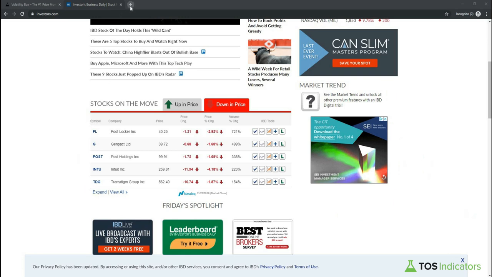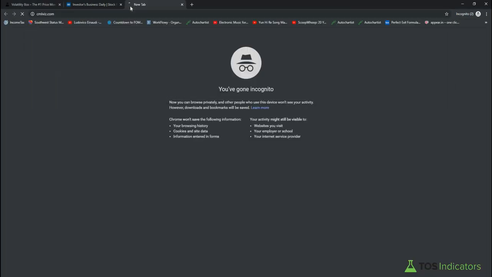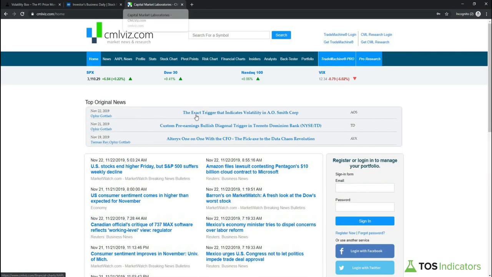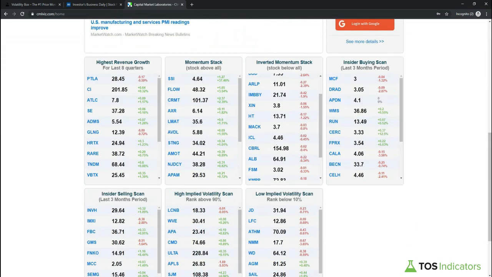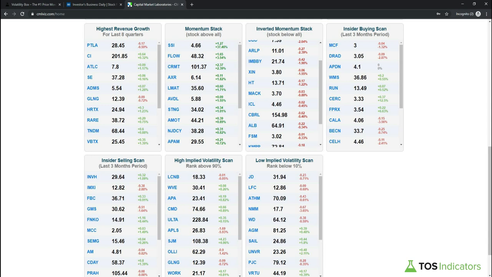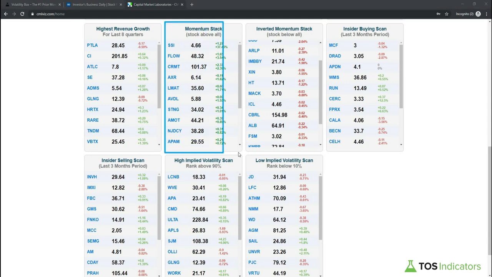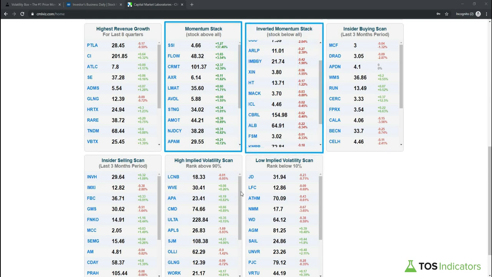For those of you looking for some other scans as well, right? CMLViz, very similar idea. If you go to their main page, Ophir has a few different scans here, which give you some more candidates that you may be looking at. And so this is our momentum stack, and these might be candidates where you're not really looking to try and fade these trades, considering that they have momentum that's stacked, or at least moving averages that are stacked.